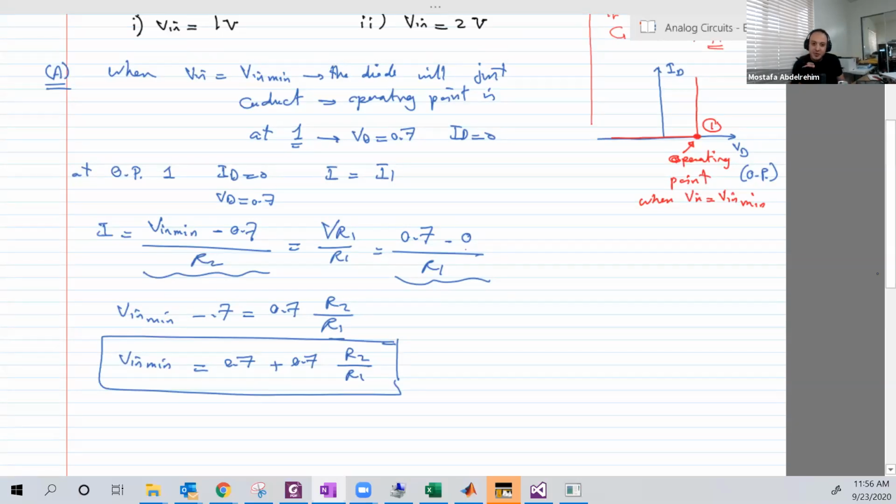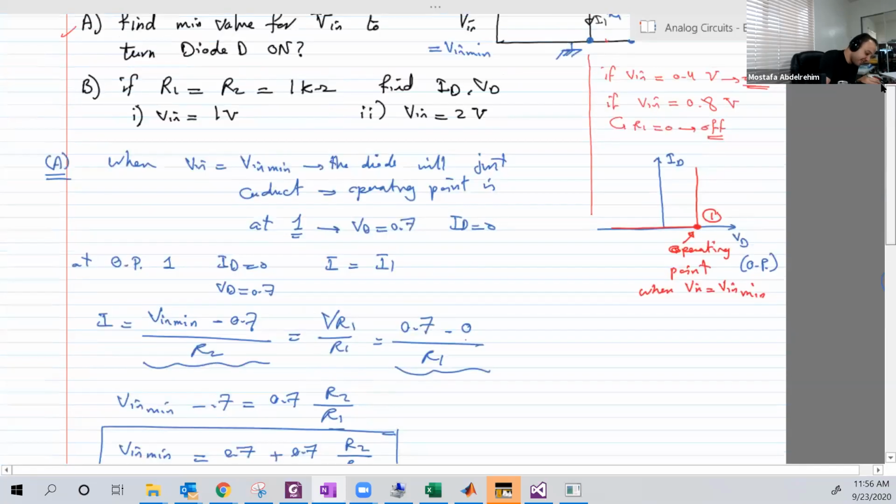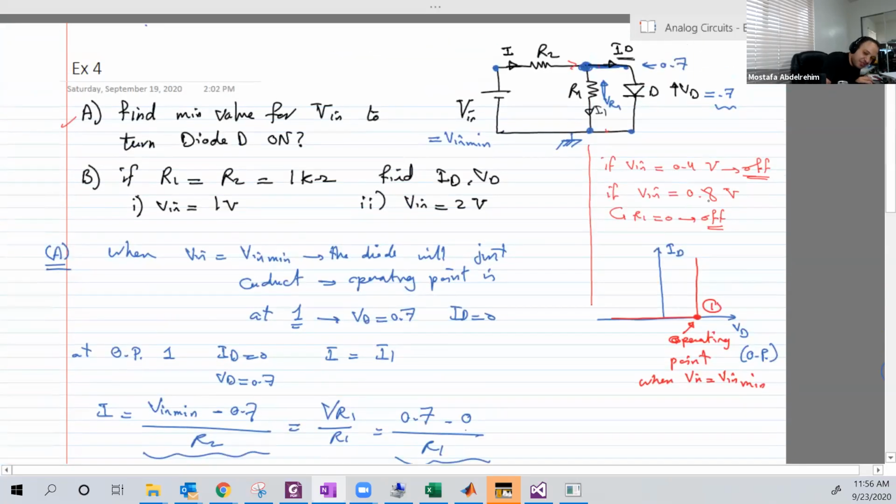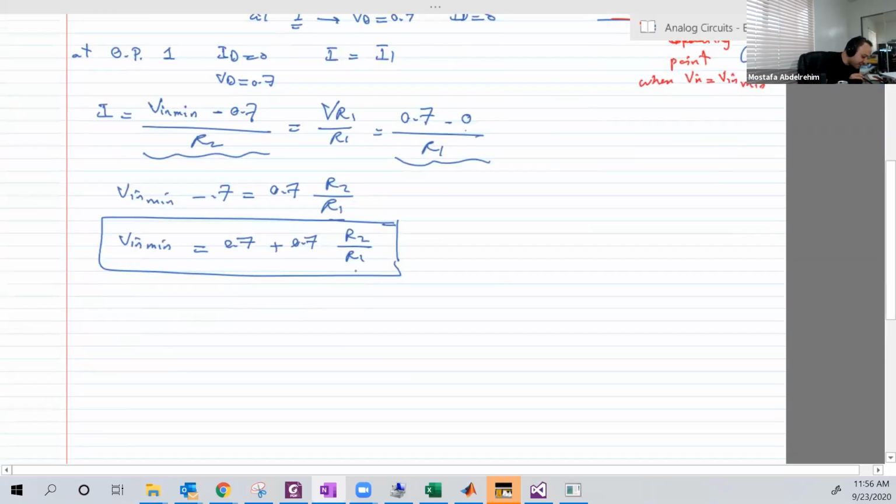Now, we just said that whatever the V input, if R1 is 0, the diode will be off, right? Now, if we put R1 as 0, what will happen in that equation? What will be the input minimum? Guys, please repeat. Yes, infinite voltage.